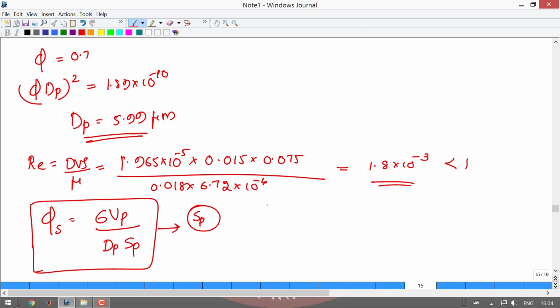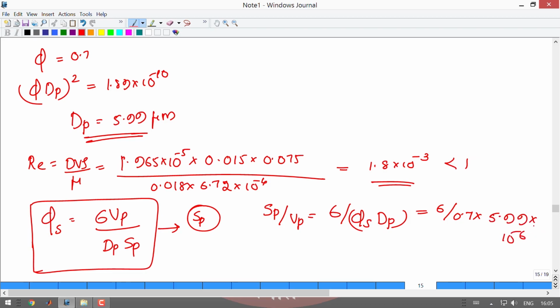So, we can write this expression as Sp by Vp equal to 6 divided by phi dP, which is equal to 6 divided by 0.7 into 5.99 into 10 raised to minus 6.